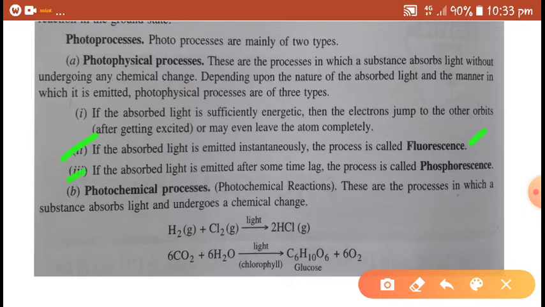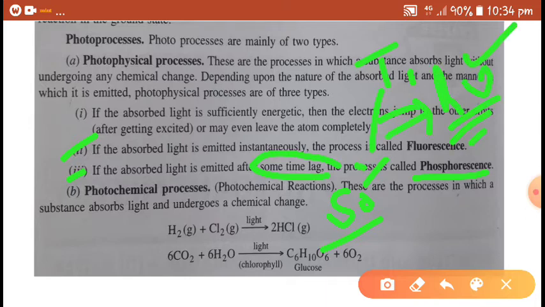And the third point is, if the absorbed light is emitted after some time lag, the process is called phosphorescence. In phosphorescence, the excited electron in the molecule comes to the ground state from a triplet state to a singlet state by emitting radiation.